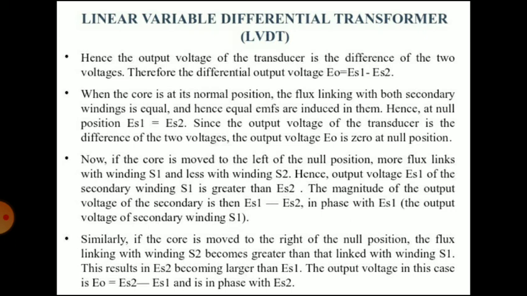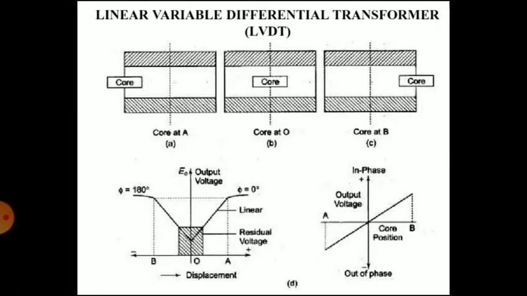Similarly, if the core is moved to the right, then E0 equals ES2 minus ES1, so it is 180 degrees out of phase. Thus, the amount of voltage change in either secondary winding is proportional to the amount of movement of the core.